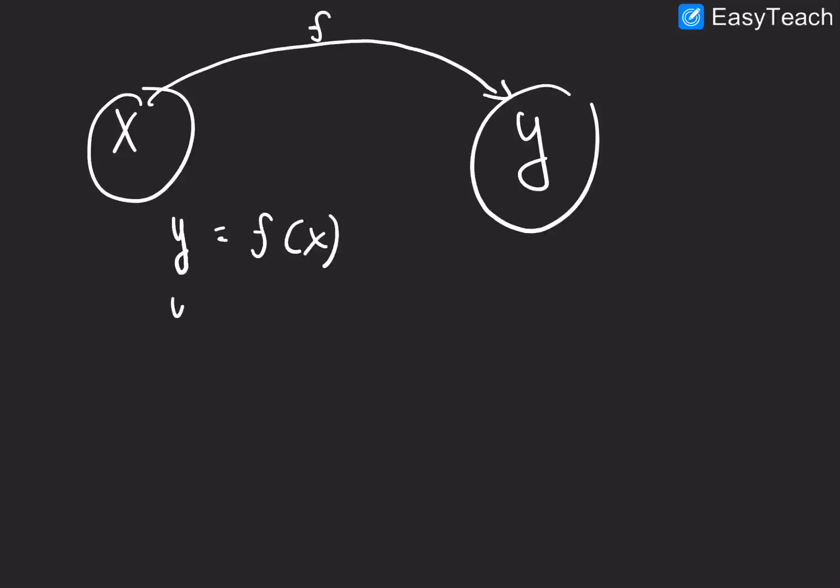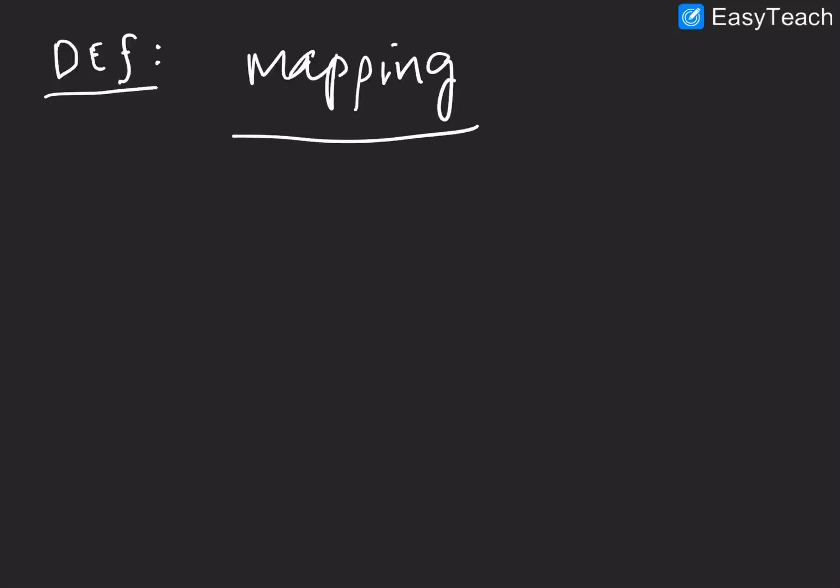You've seen transformations when you're dealing with functions. For every x component, you're going to have a y component. And so basically the definition for transformation is just mapping. So all we're doing is mapping.